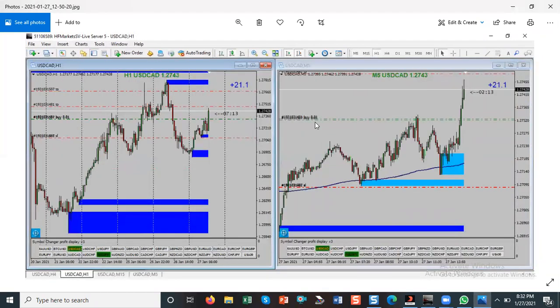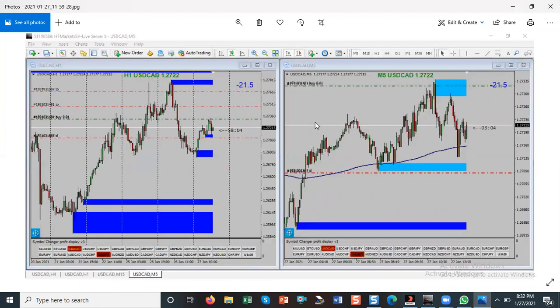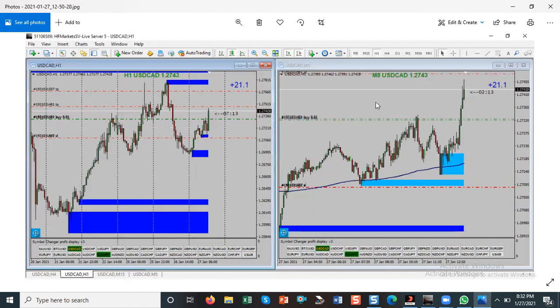Then this USDCAD gave up to 15 pips each on the two entries that I took before it decided to reverse back. And when it reversed, it gave us 21 pips, and it just hit the two take profits and went up.